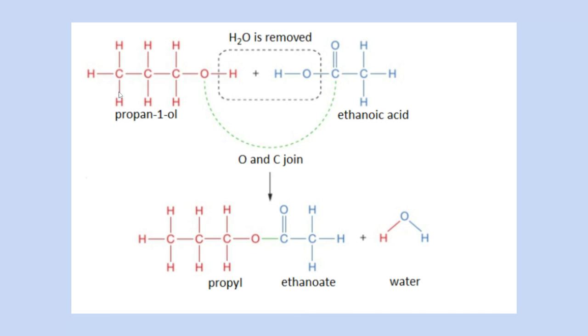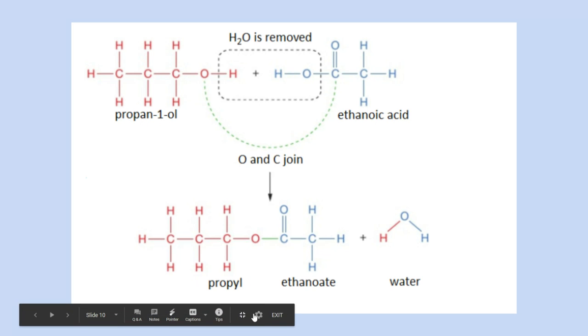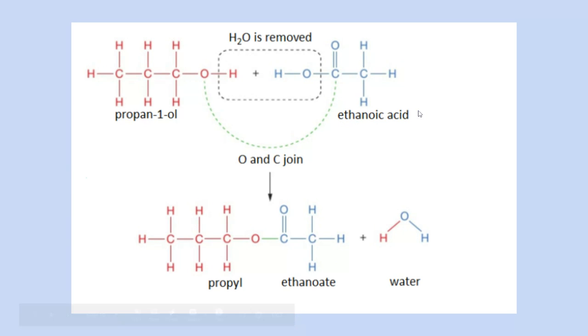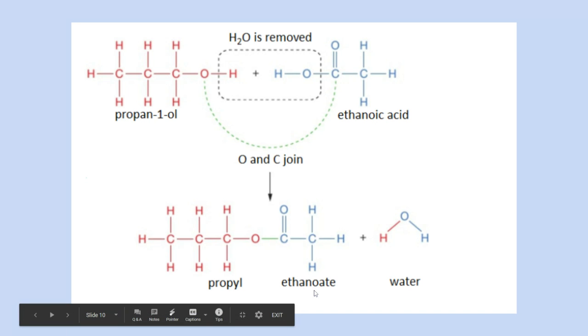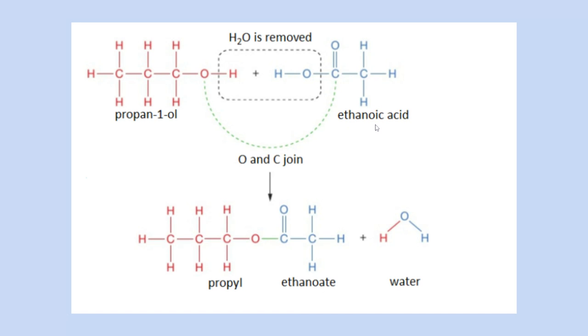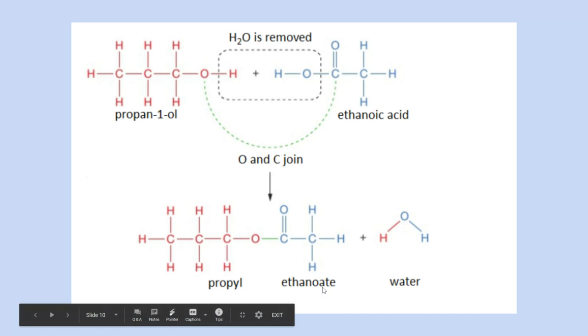Our alcohol has got 3 carbons in it, so it's prop. Okay, that's where our propyl comes from. The second part of the name comes from our carboxylic acid. So in this case, it's ethanoic acid. To make it an ester, we change the oic part of the oic acid to oate. So it's ethanoate. Okay, so this ester is called propyl ethanoate.